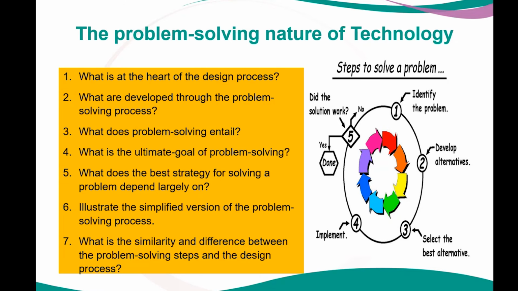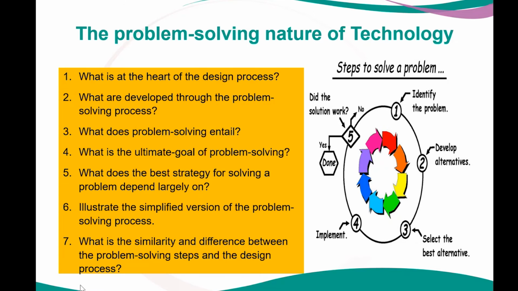So in order for them to solve problems correctly, it is important that we follow a series of steps. So you need to look at the steps to solve a problem: identify the problem, develop alternatives, select the best alternative, implement, decide if the solution works. But this is basically a simplified version of the problem solving process.